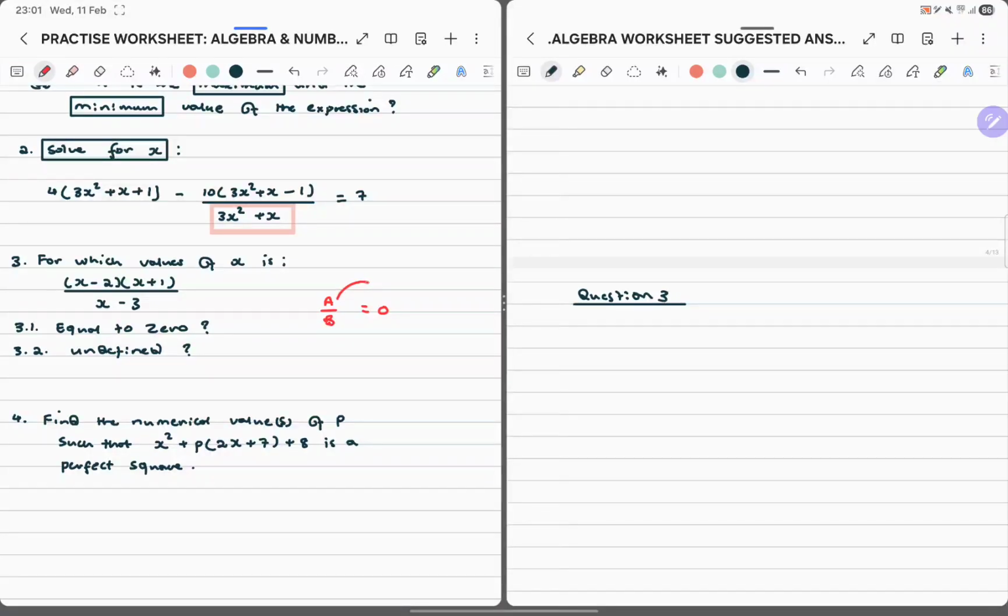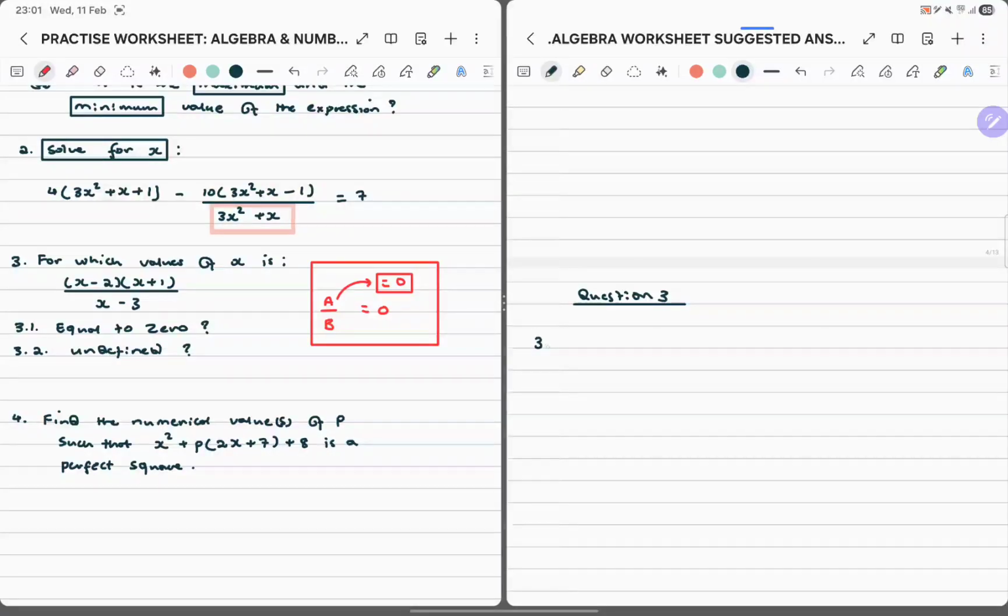It means the numerator must be equal to 0, because 0 divided by whatever number you may have on the denominator will always be 0. So we don't focus on the denominator for this one because of what we understand. The numerator must be 0.